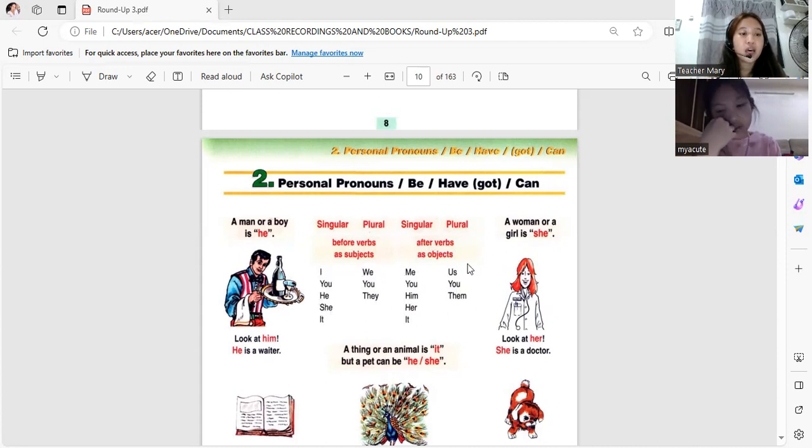And for after verbs as objects, this one is the before verbs, and this one is the after verbs. For the singular, like me, you, him, her, and it. And for the plural, us, you, and them. Okay, for example, this example is before verbs as subject.